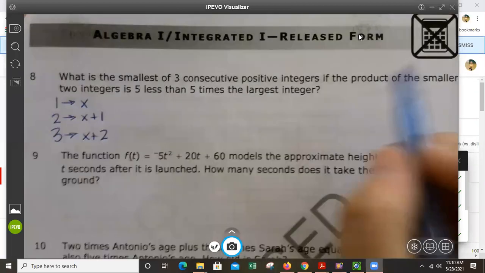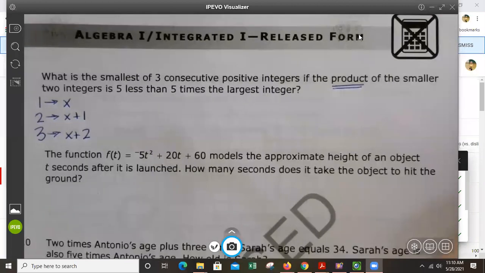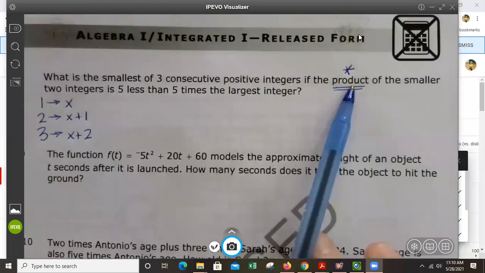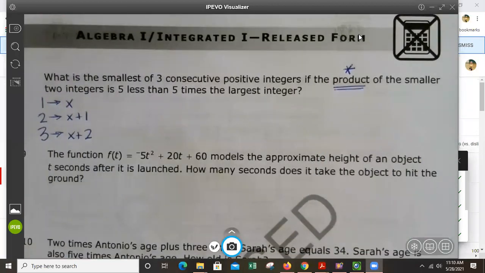The product, what does product mean? Remember, total would be adding all together. We have product, we have quotient, we have the difference. What's product dealing with? It's multiply. Product is multiply, so we need to know that. The product or multiply the smaller 2 integers. Which ones are your smaller 2?